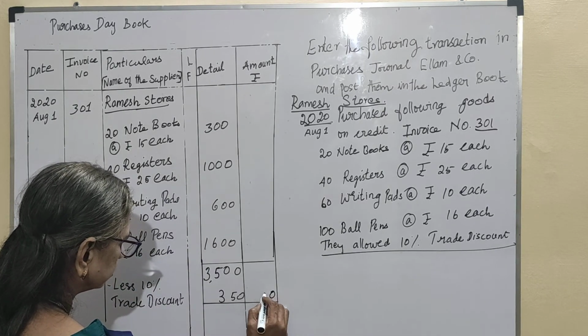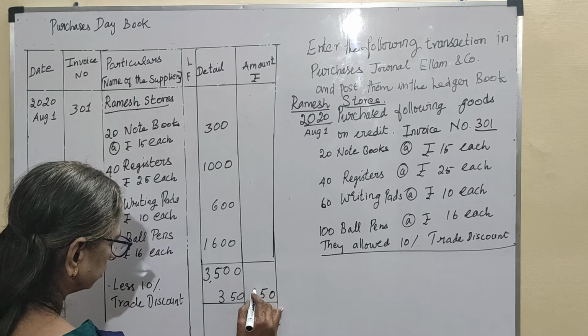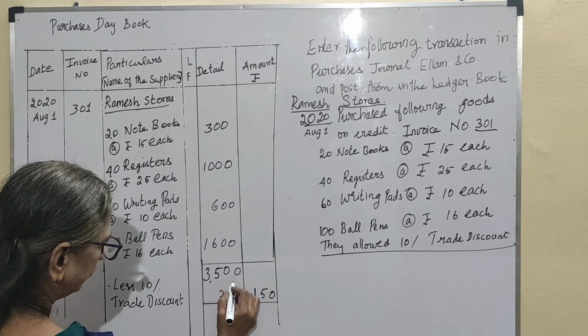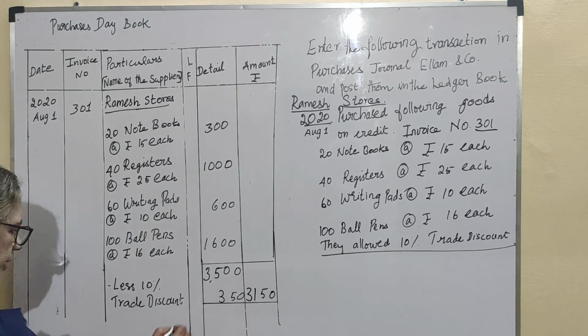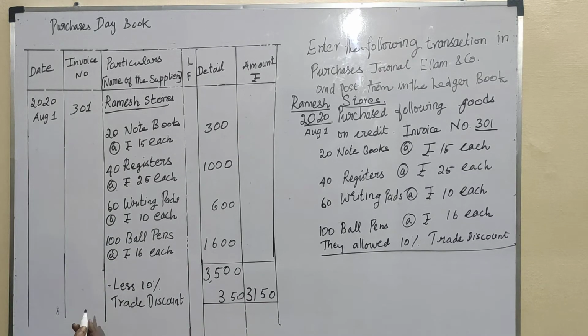We are going to write here 3,150. This is the net amount.